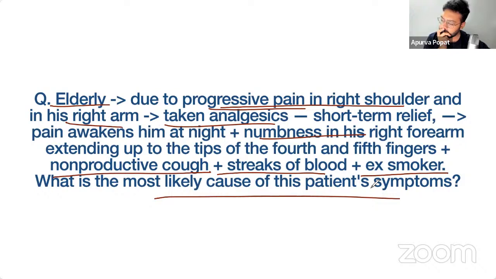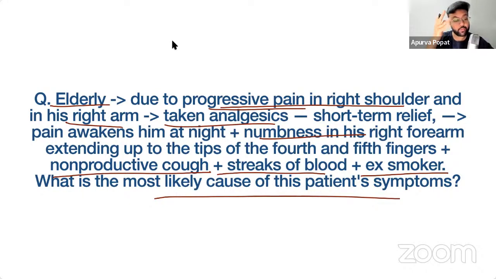Squamous cell carcinoma is one of the answers here. Very good. This is Pancoast tumor. Why is he having pain along the arm and the shoulder? Because of invasion of the brachial plexus, especially the lower trunk.